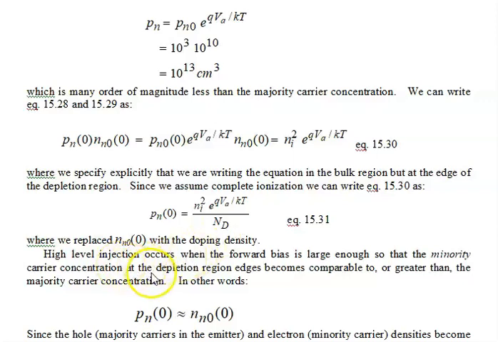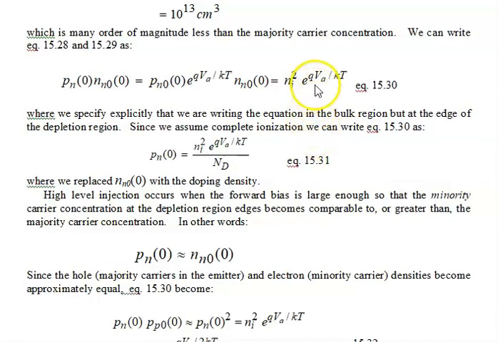Now, high-level injection occurs when the forward bias increases, no longer 0.6, not even 0.7, not even 0.8. It's getting around 0.85, 0.9, 1 volt. It's so high that this boost is such that the minority holes become on the order of the majority electrons.